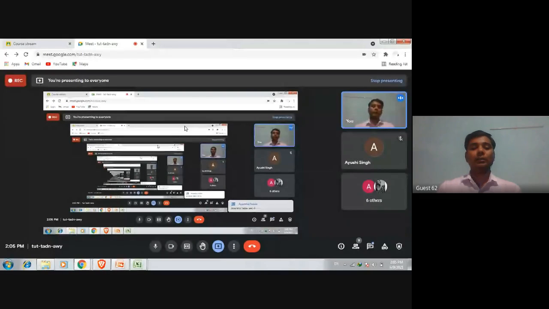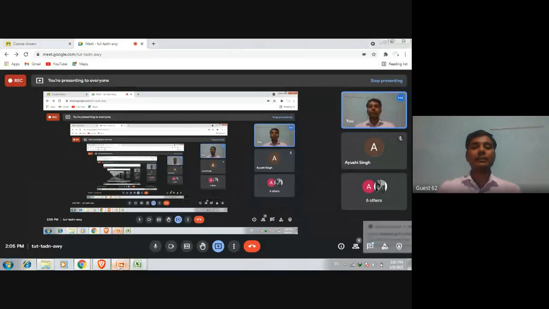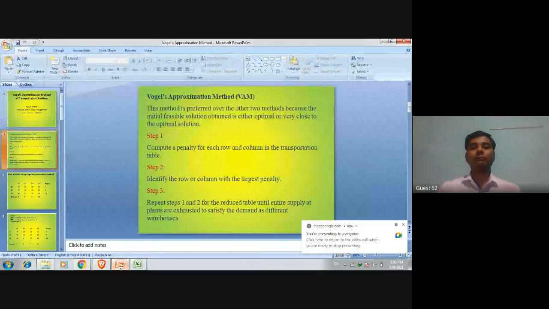Okay, so let us see what the steps in the VAM method are. Step 1: compute a penalty for each row and column in the transportation table. So how will you compute this penalty?